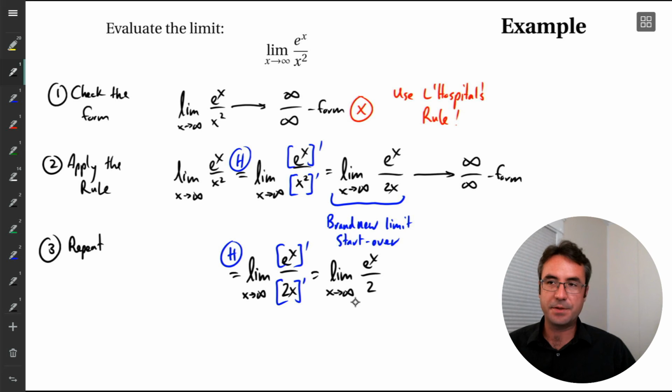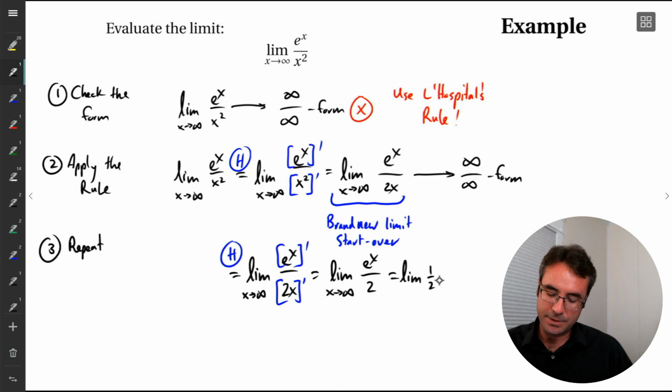And now we're at a point, this is a brand new limit, so we just start the process over, and e to the x is getting really big, and then we're just dividing a really big number by 2. We still have a really big number. So if you want, you could think of this as we're taking e to the x and multiplying it by 1/2.